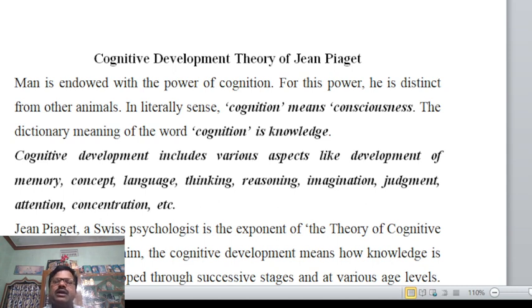So what is cognitive development theory? What are the different developmental characteristics in different stages of cognitive development? We will discuss in detail.